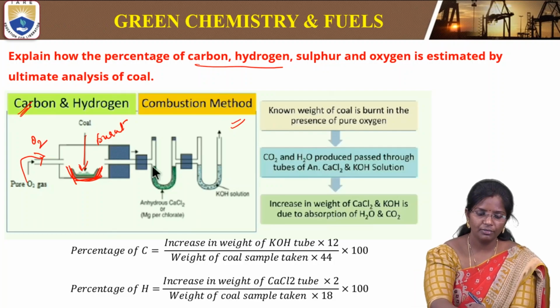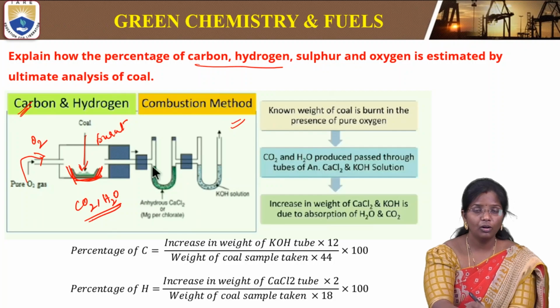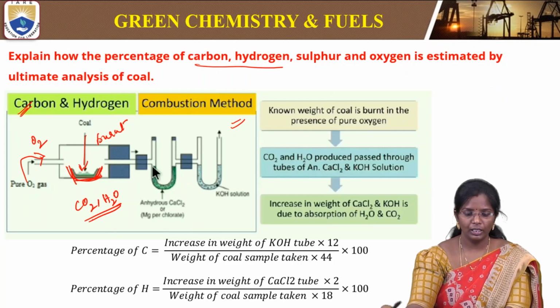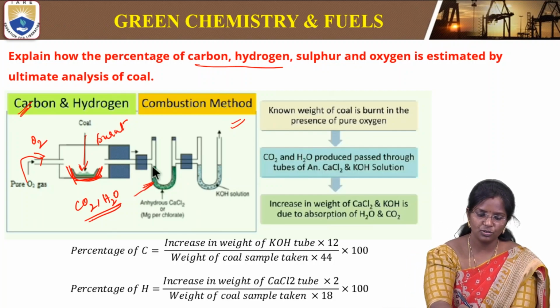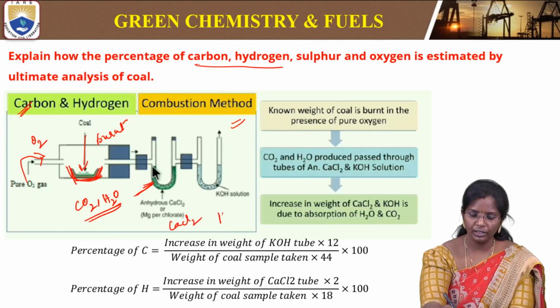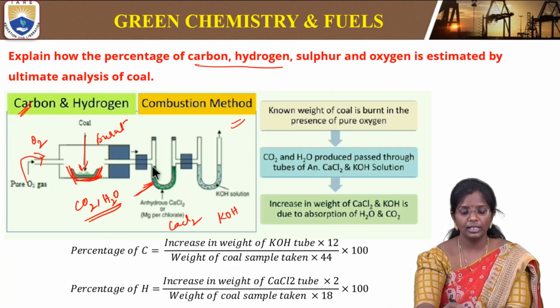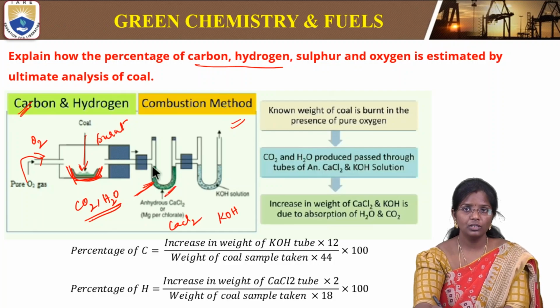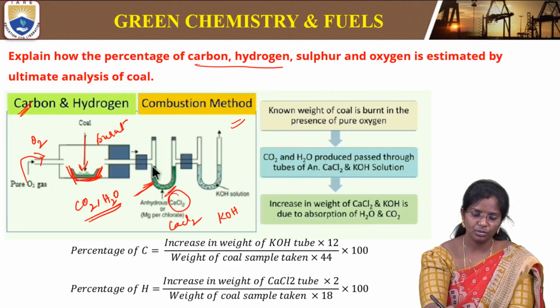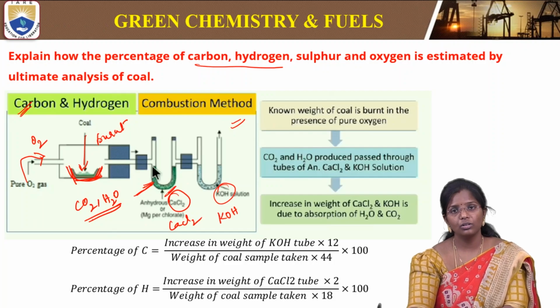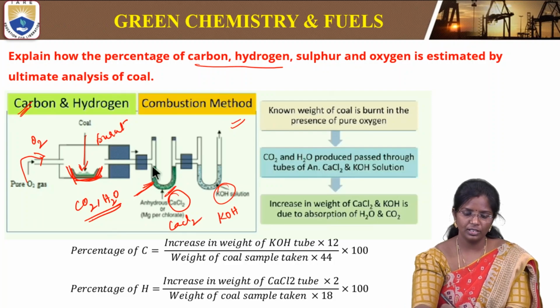The carbon dioxide and the water vapor coming out from this coal sample will be absorbed with calcium chloride and KOH solution. We take the weight before and after of this calcium chloride and KOH, so that will give the absorbed carbon dioxide and moisture. The moisture is because of the hydrogen that is present.